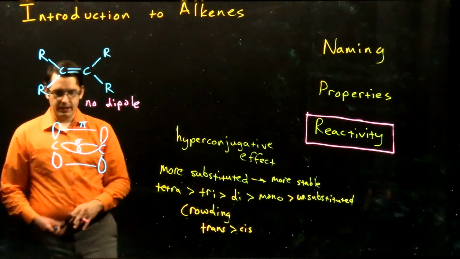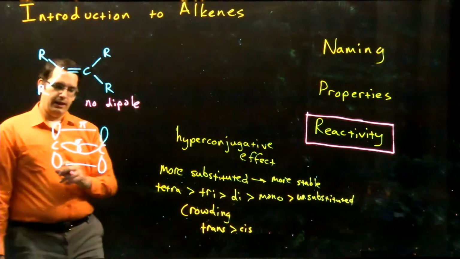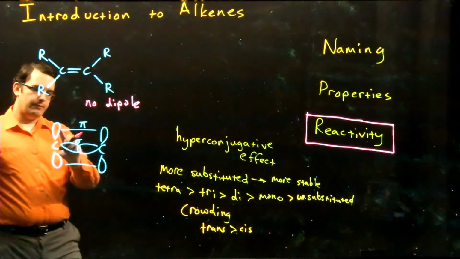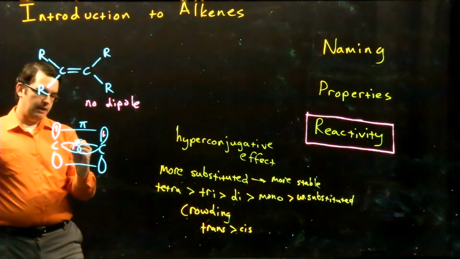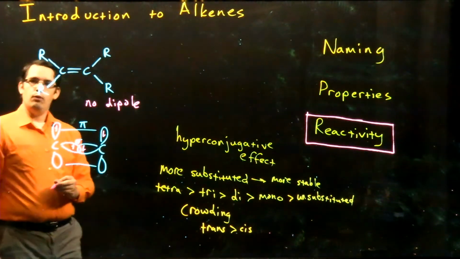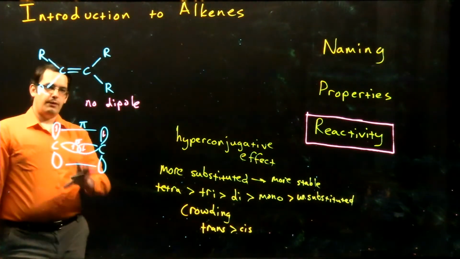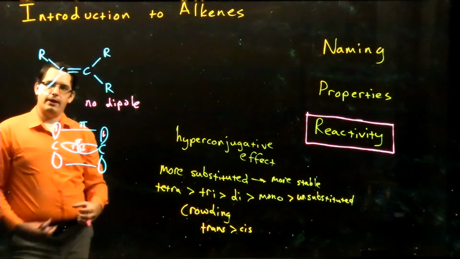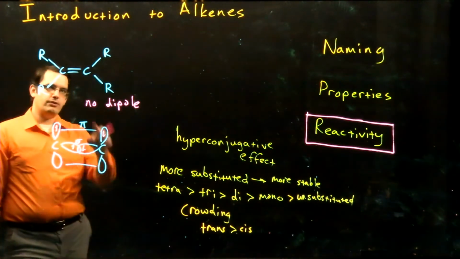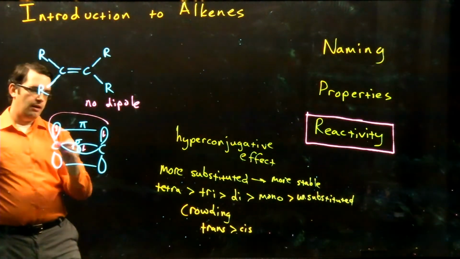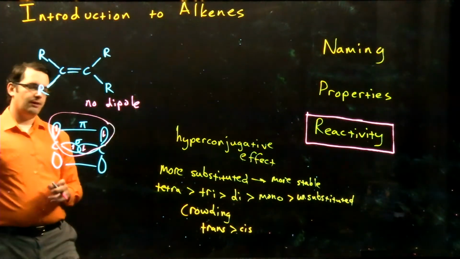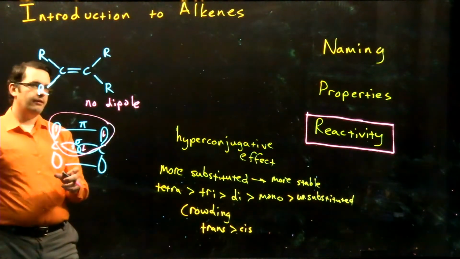However, we need to consider that our alkene has this double bond with our p orbitals with their 2 electrons and our sp2 orbitals with their 2 electrons. So even though we don't have a dipole that creates an uneven share of electrons on one of our carbons or the other, we do have a high density of electrons right here around our double bond. Right?